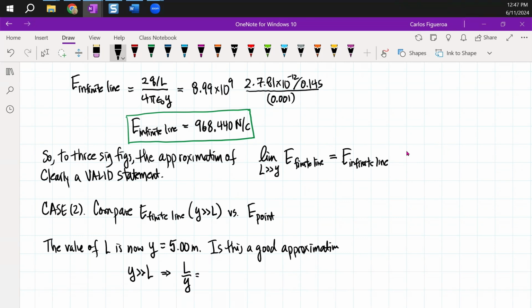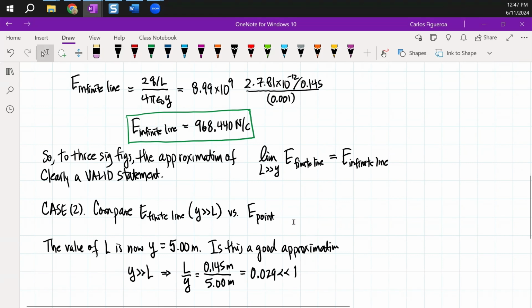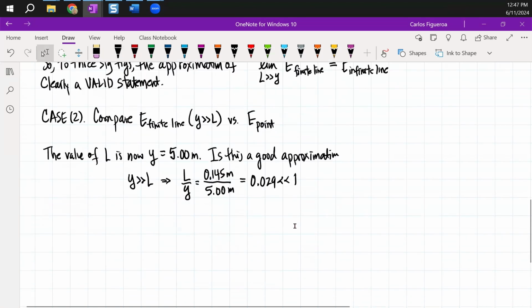So in this case, the length of the finite wire is now being compared to 5 meters out. So if I compute that, this is 0.029. And I would say that, again, this is much smaller than 1. So it should be a good approximation.